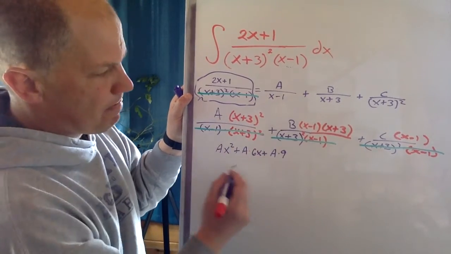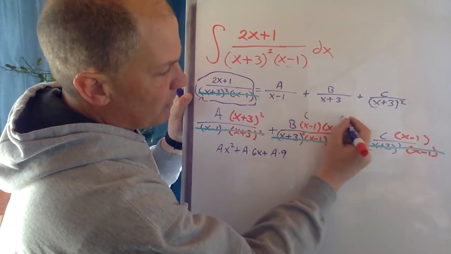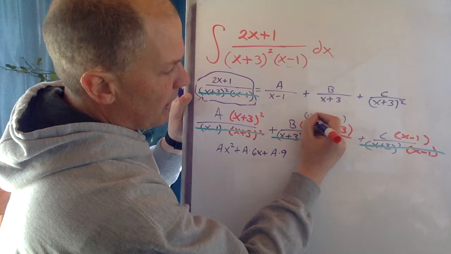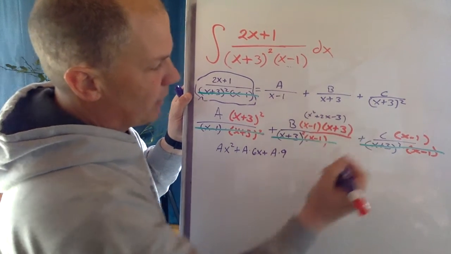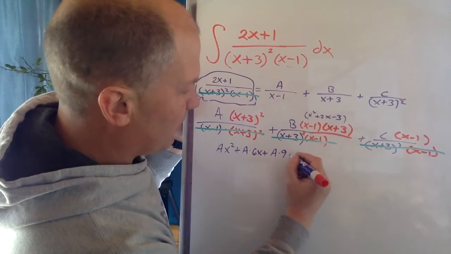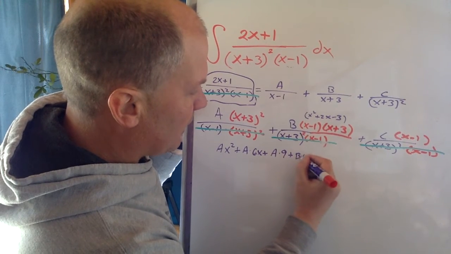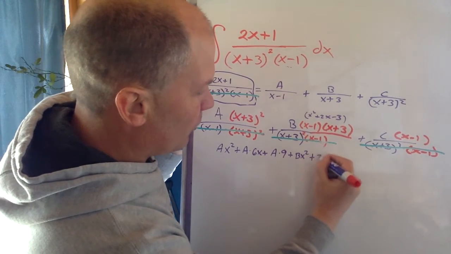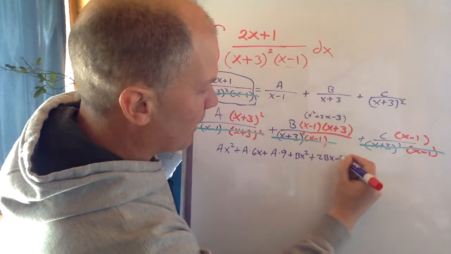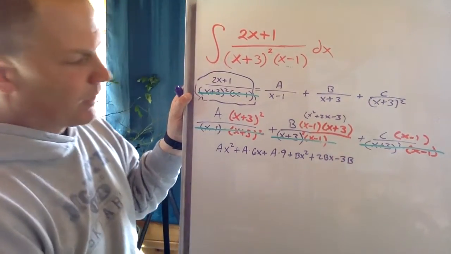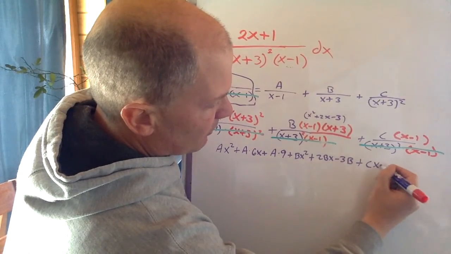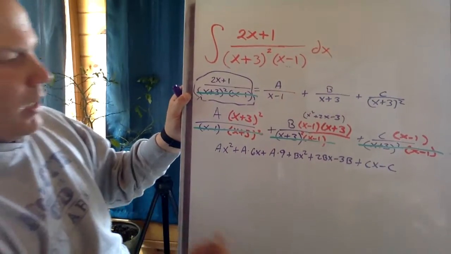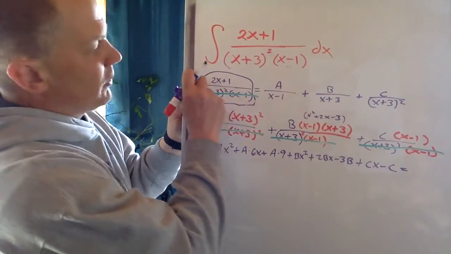Then I'm going to multiply this out real quick: x squared plus 2x minus 3. So this part is going to be plus bx squared plus 2bx minus 3b. And then the c is going to be plus cx minus c. This whole thing equals 2x plus 1.